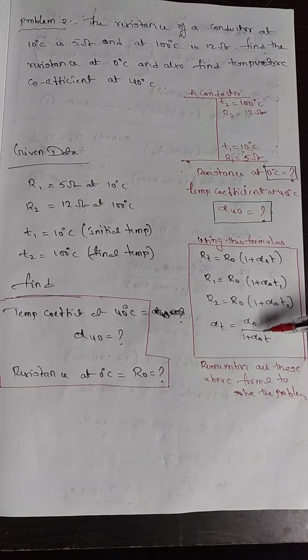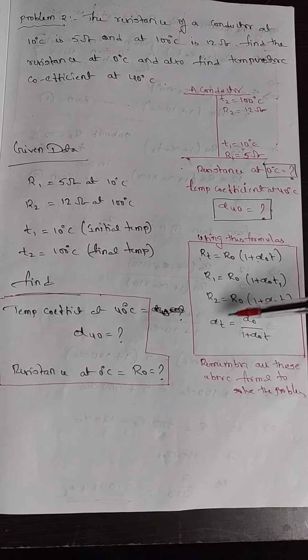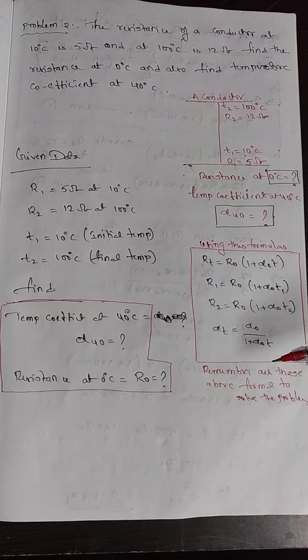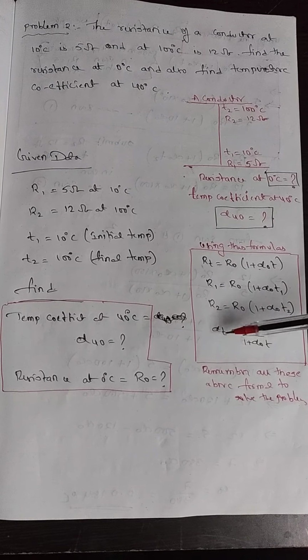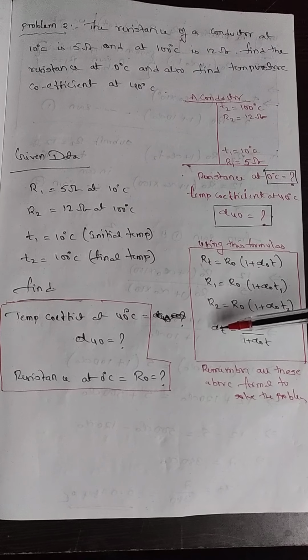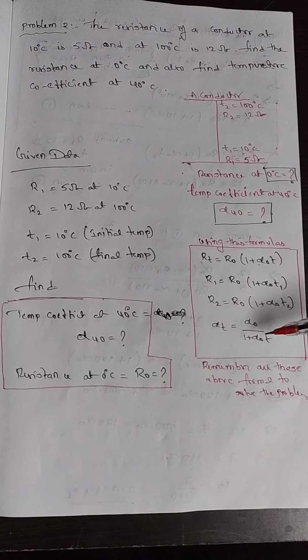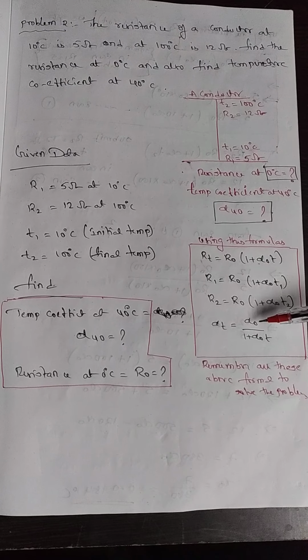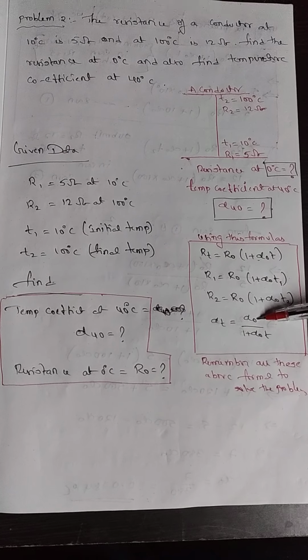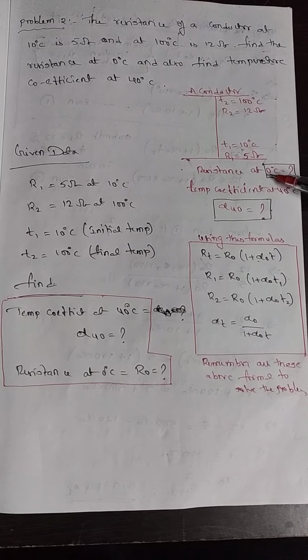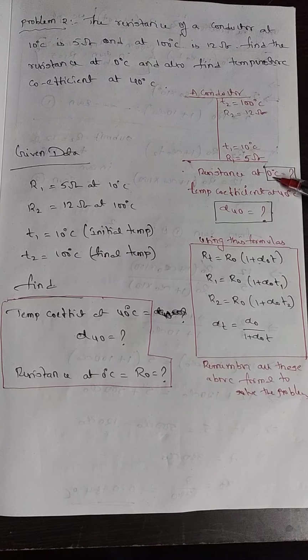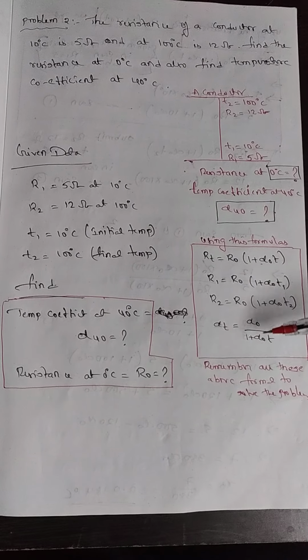This equation is meant for the temperature coefficient at any degrees. After finding alpha naught and R naught, we then find alpha 40.